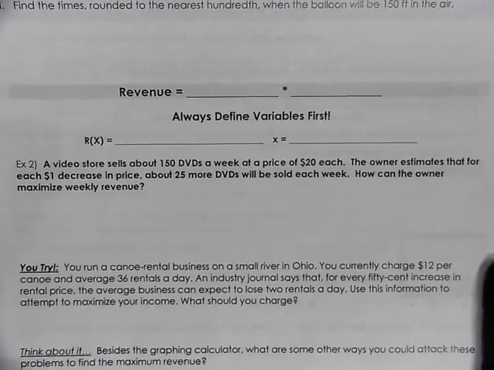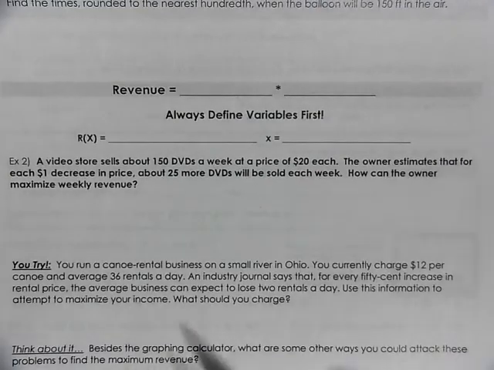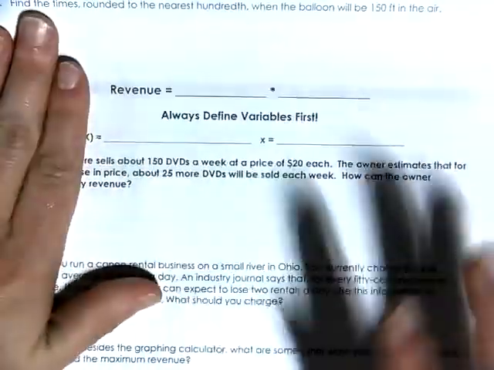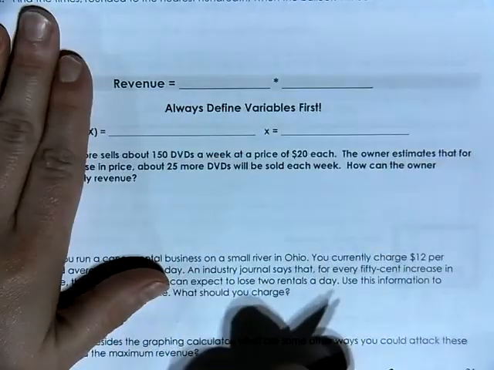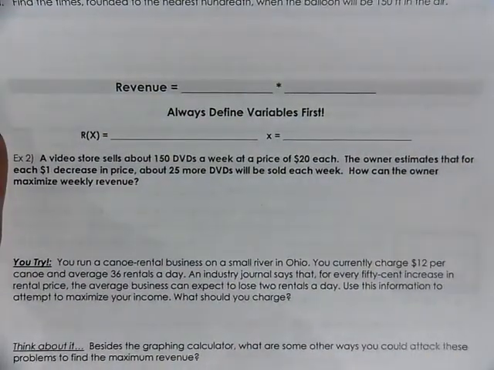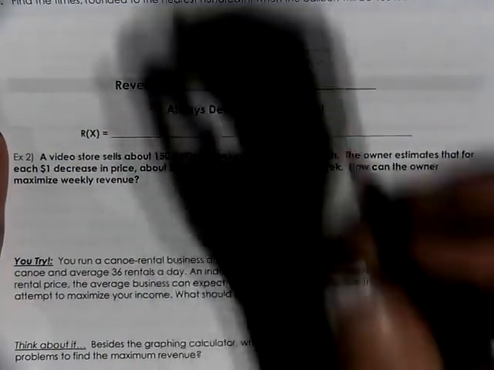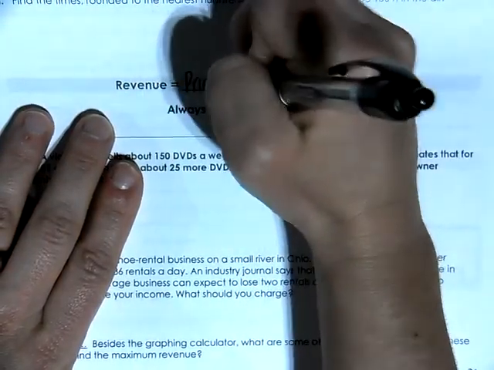So we are going to be focusing on revenue. And revenue means that we are talking about not profit. So that doesn't mean like the amount invested minus the amount that you've received. We are just interested in the amount that you receive. That is considered revenue. It is based on the price per unit.